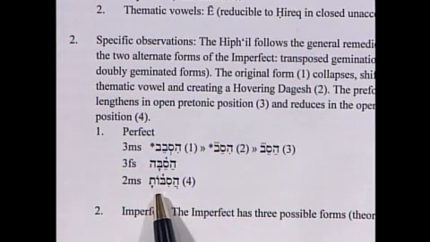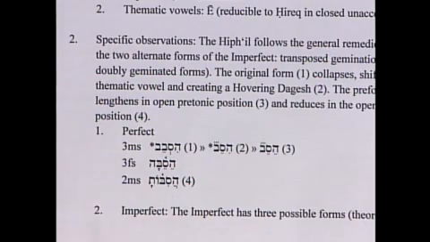The accent's going to shift, and therefore the seire, which we have in a closed accented syllable, now must become a hirik because it's now in a closed unaccented syllable. And the performative vowel, hirik, is now in the open propretonic syllable. It has to reduce down to a schwa. Notice again, it's a composite because you have a hey, and you can have a chetef patach, and it's not impossible that you could have a chetef segol there.